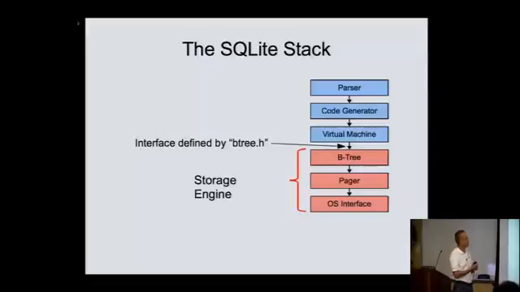My view is a little different. I think that this whole stack is the database, and the bottom part is just the storage engine. And if you've got just a key value pair type thing, you only have half a database. That's my opinion. Really, in my view, the interesting stuff is happening up above. All the query planning and the analysis of the declarative programming language, that's where the interesting parts are. The bottom is just a storage engine.